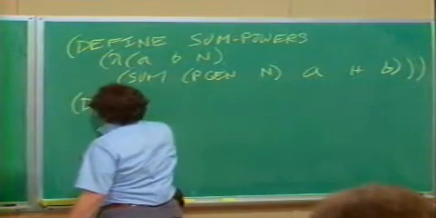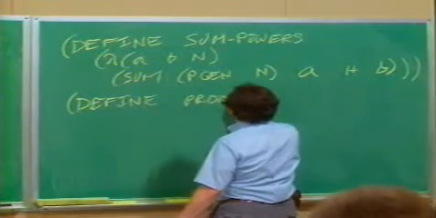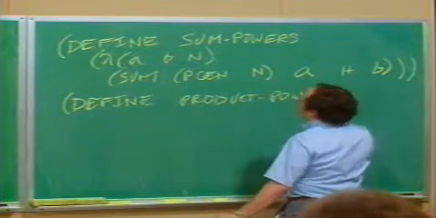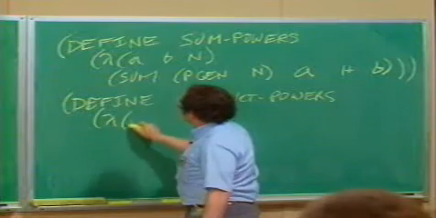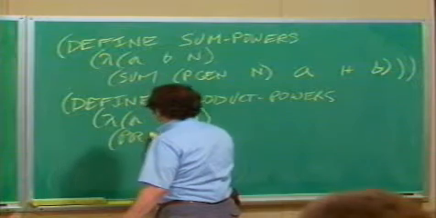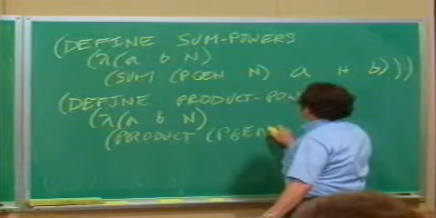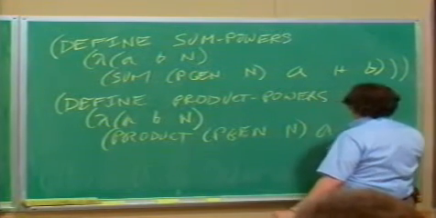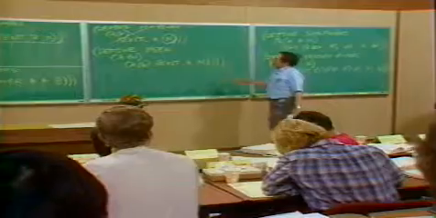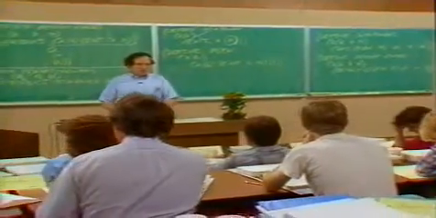And I can define the product of powers to be a procedure of a, b, and n, which is the product of pgen n with a, increment, and b. Now, of course, this is a very simple example where this object that I'm trying to abstract over is small, but it could be 100 lines of code.